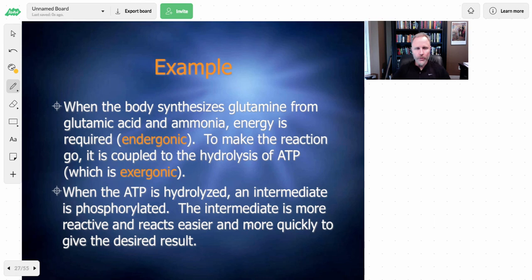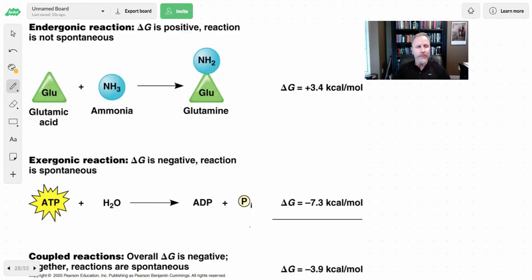Okay? So one of the examples from the book is we want to synthesize some glutamine and we're going to use glutamic acid and ammonia. In order for these two molecules to combine, we have to have an input of energy, because we see over here delta G is positive. So we're saying this is an endergonic reaction.